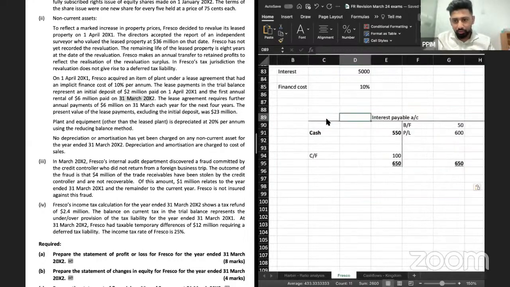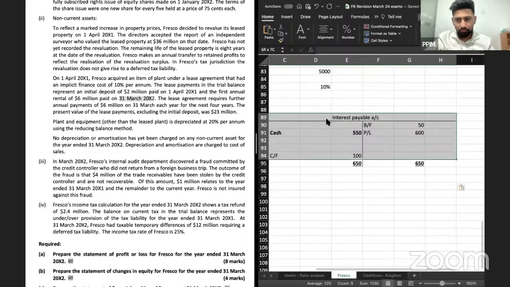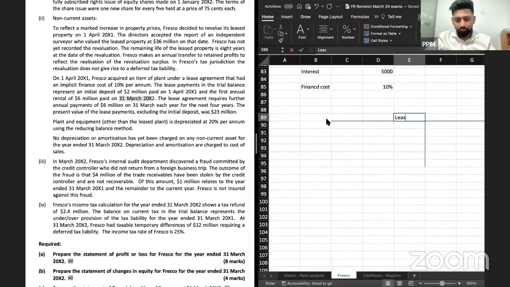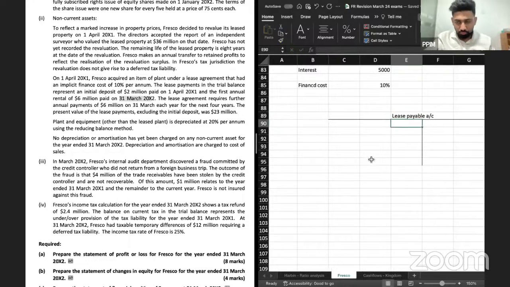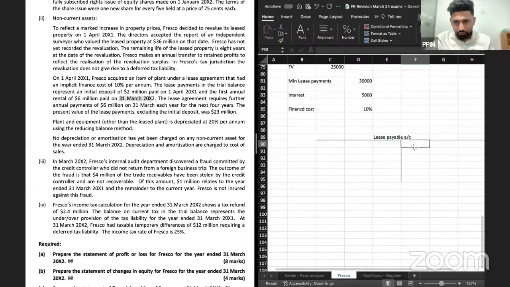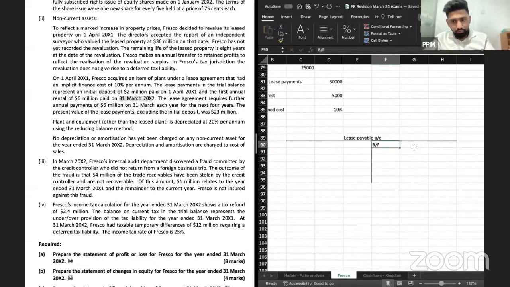You can call it your lease payable account. So here what you're going to do is, you're going to take your brought forward. You have your brought forward lease payable, right? 2,000 already paid, so you have to pay 23,000, correct? Fine.